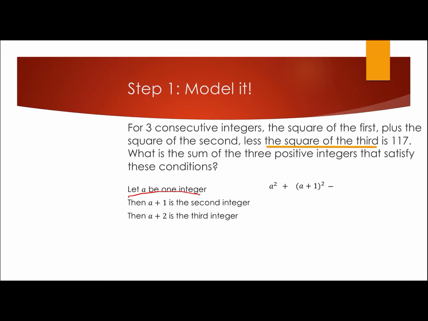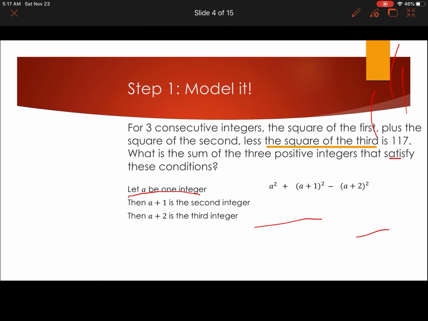The square of the third, that's a plus 2 squared, is 117.